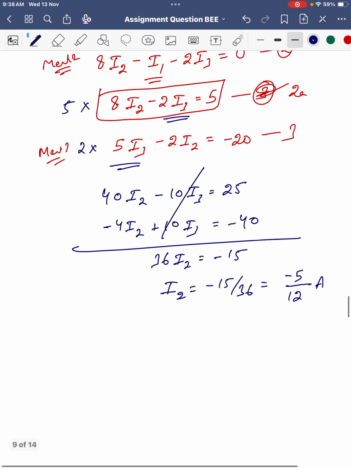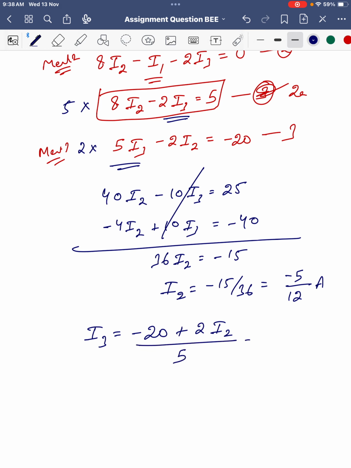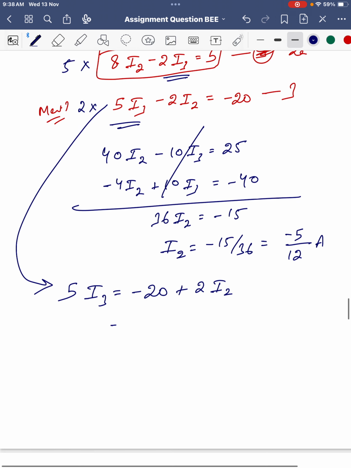And if we know the value of I2, so I3 will be equal to minus 20 plus 2 I2 by 5. Okay, let us keep this 5 here. So we are just rewriting this equation once more.